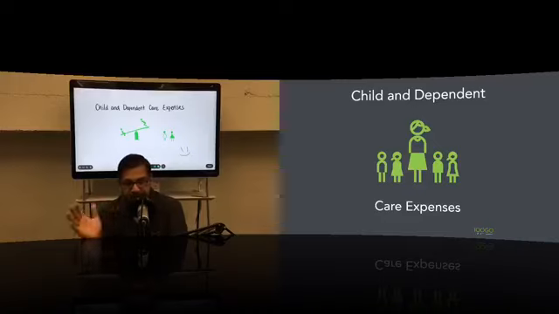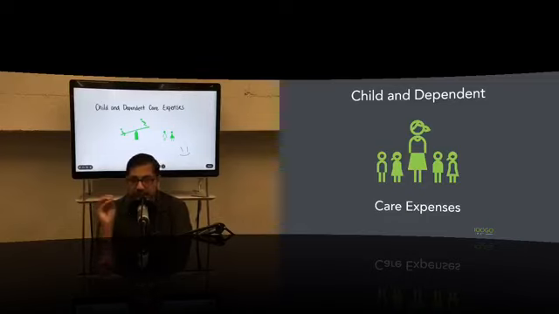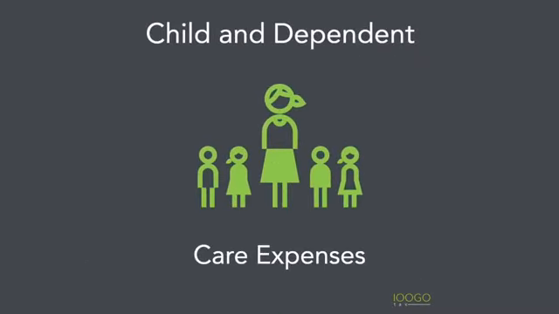I'm trying to keep this podcast short, 20 minutes maybe, at most. If you have questions, drop them in the chat. I know some people have sent questions to us after the recording. That's great. But today, the main topic is child and dependent care credits. How do you put that into the system? How will IOOGO Tax do the calculations for you?